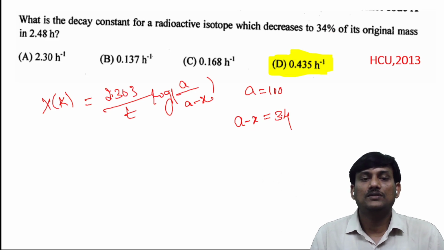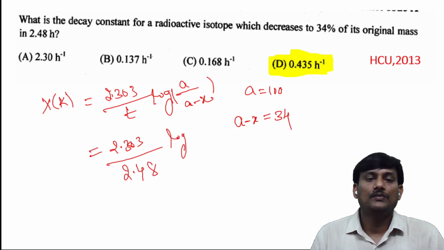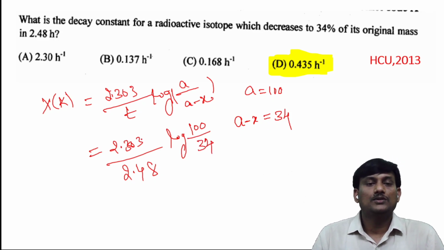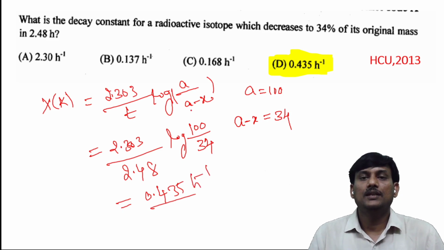A minus X is equal to 34. So 2.303 by T, which is 2.48, log. A value is 100. So it decreases to 34. So after simplification, you will get around 0.435 per hour inverse.